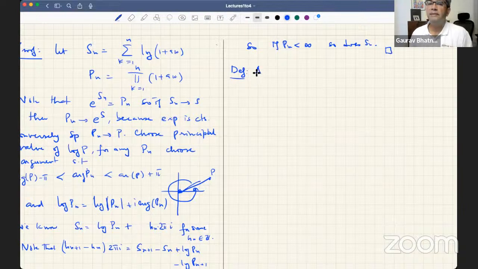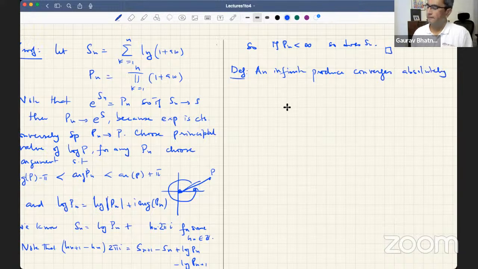Just as background. So anyway, an infinite product converges absolutely if the series summation log of 1 plus a_k converges absolutely.